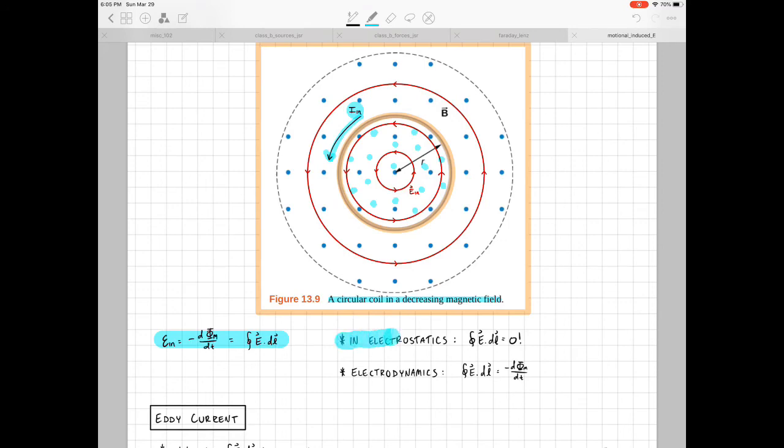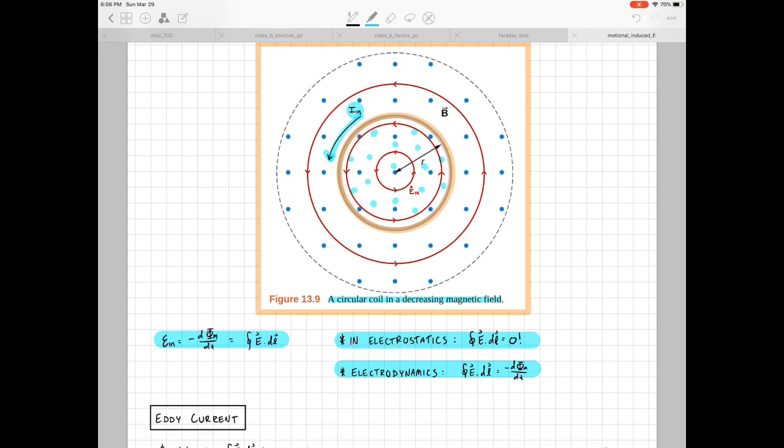In electrostatics, if you went around a closed path, E dot dl had to be equal to 0. In electrodynamics, it is no longer the case that if you go around a closed loop, the electric field dotted into the path will add up to 0.